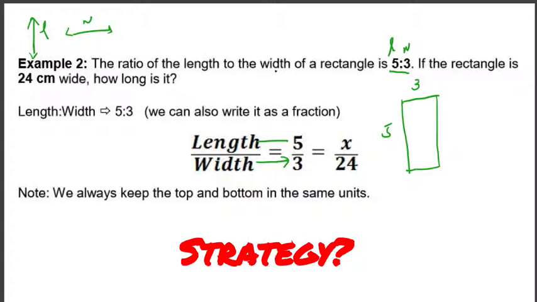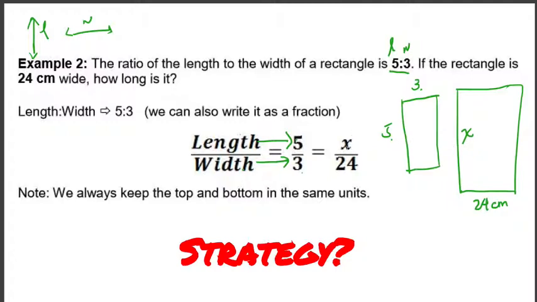If the new rectangle is 24 cm wide, so the new rectangle is really big. Let's say this is not to scale, but let's say this is 24 cm wide. What is the length? We don't know, so we give it an X. So look at this one. The first proportion is 5:3, length over width.